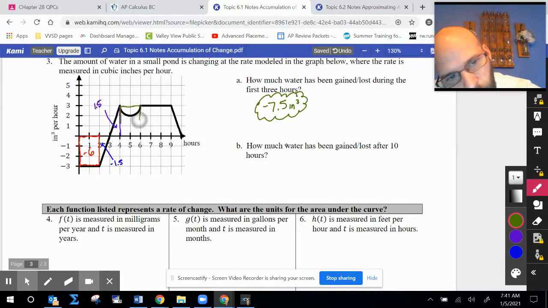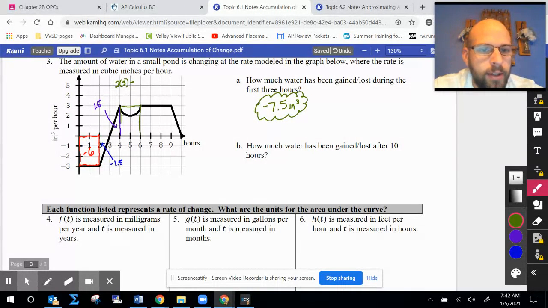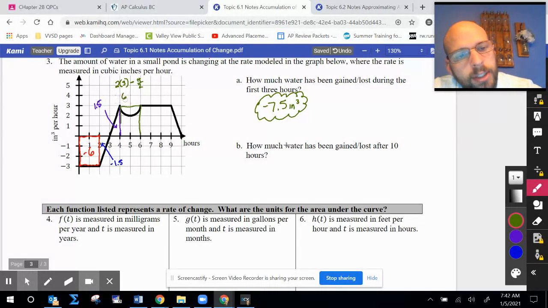So I'm going to take this whole rectangle, which is a 2 by 3, and then I'm going to subtract a semicircle, which would be pi r squared, or just pi times 1 squared. And I want a semicircle, so I'm going to divide it by 2. So I get a 6 minus pi over 2 for this little area here.